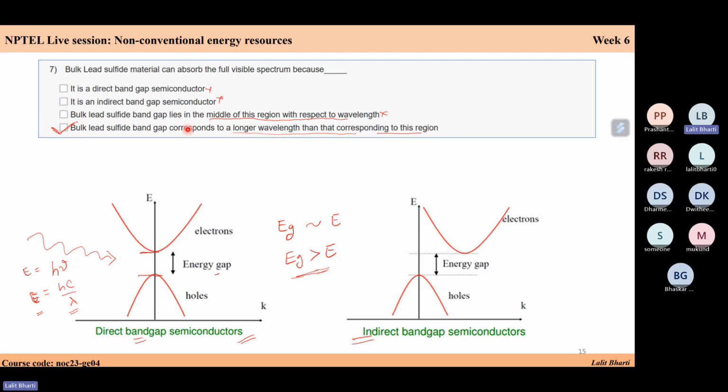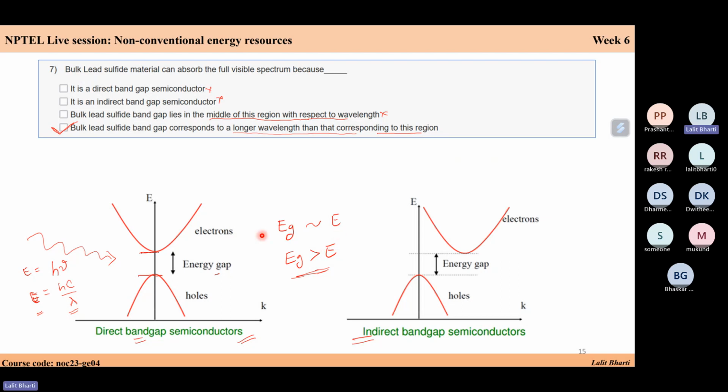For that we need to know the band gap of bulk lead sulfide material. We don't know the exact values, but they are showing that it is already absorbing the full spectrum.